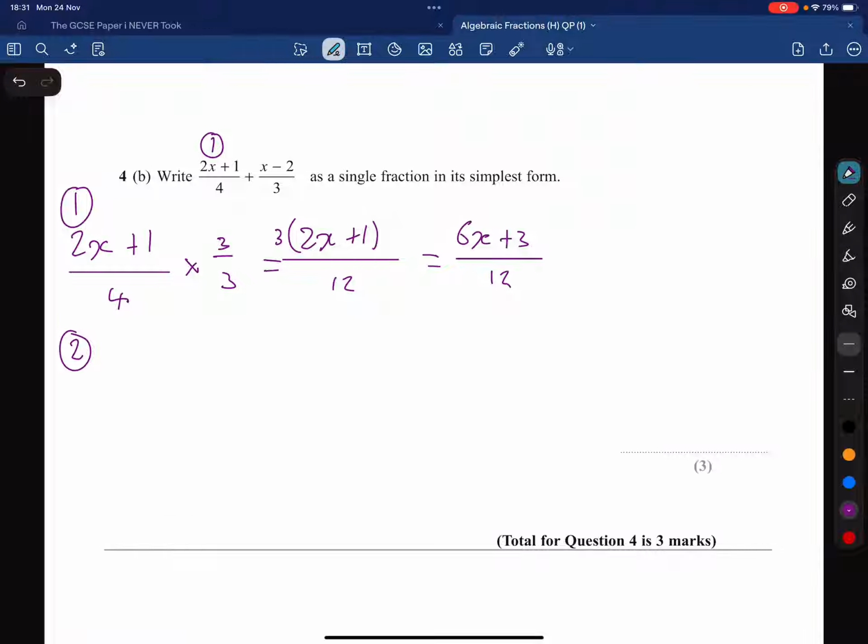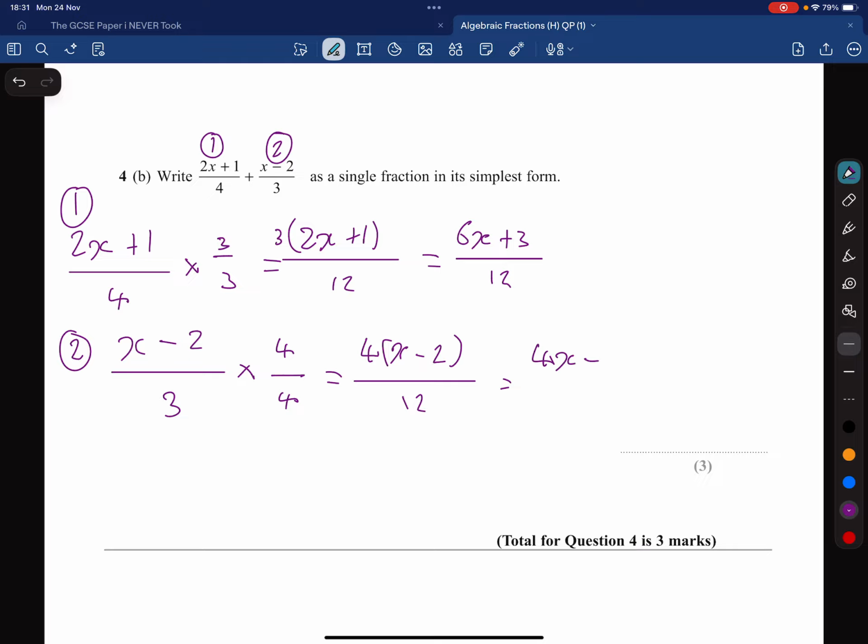Then we need to multiply fraction 2 by 4 over 4. So (x minus 2) over 3 times 4 over 4 is equal to (4x minus 8) over 12.